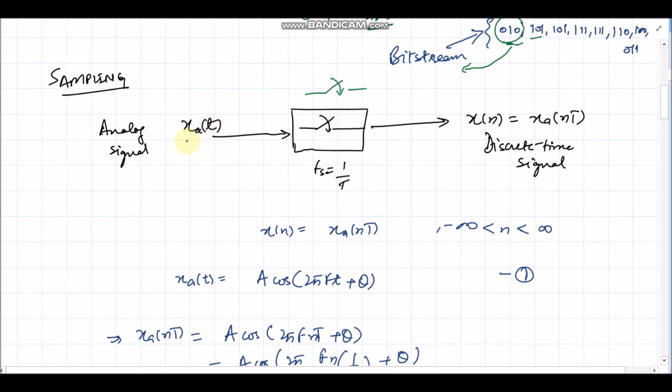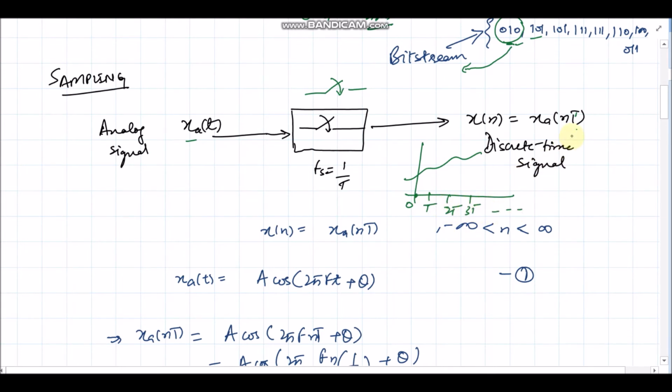The analog signal, it takes xa(t) and converts it into a discrete time signal, x(n) equal to xa(nT). So whatever signal we have, we are taking the values only at every instant spaced at T. Let's say I have this signal. So I am taking the signal value at 0, T, 2T, 3T and so on.